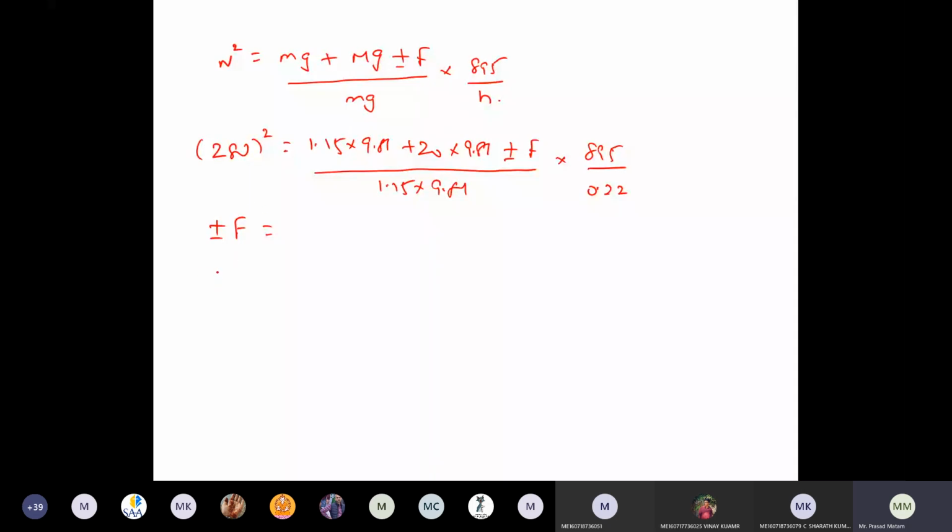Now when alpha is equal to beta is equal to 45 degrees, under these conditions, we need to find N1 and N2. Someone has given an answer.